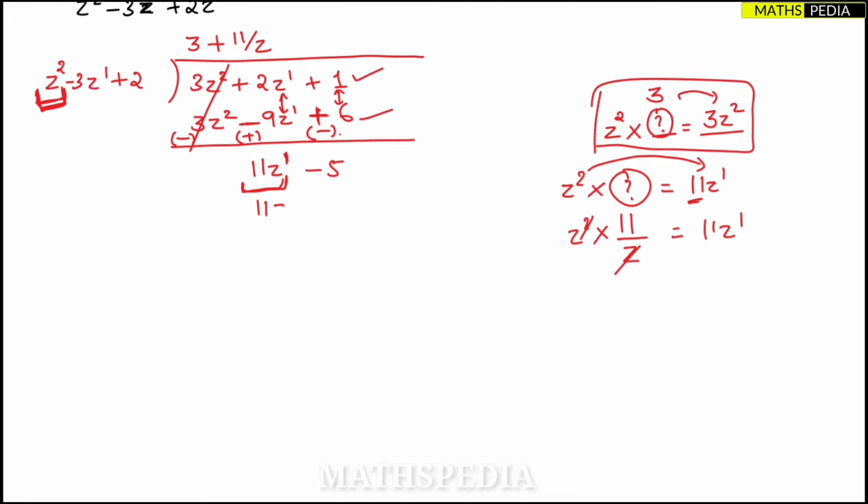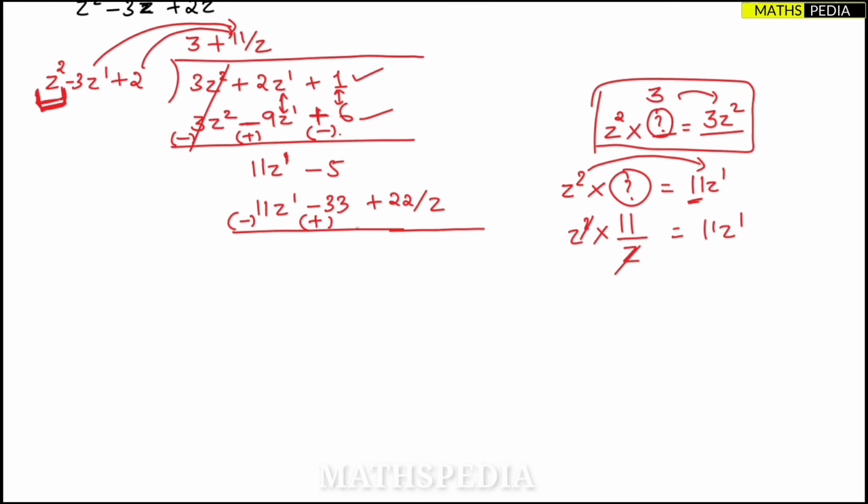So here it will come 11z power 1. Now what about other terms? You have to multiply. So minus 3z into 11 by z, it is minus 33. Then 2 into 11 by z, it is 22 by z. Okay, so now I have to change the sign.